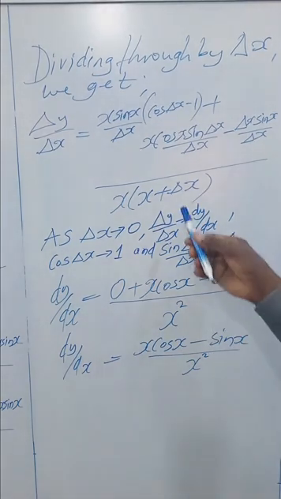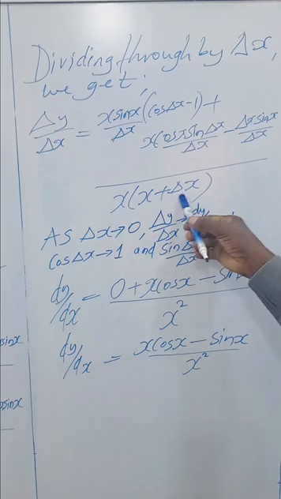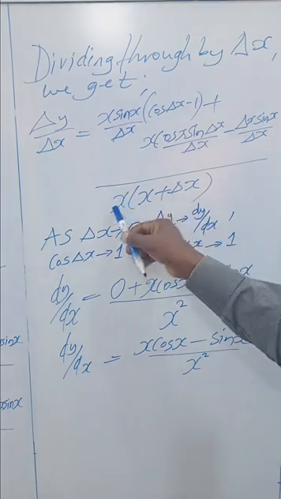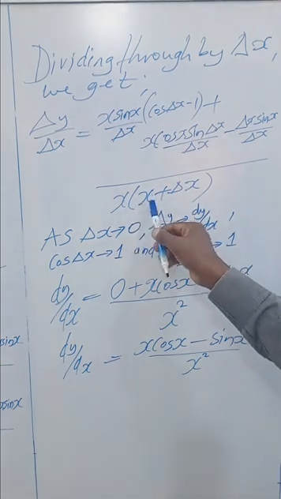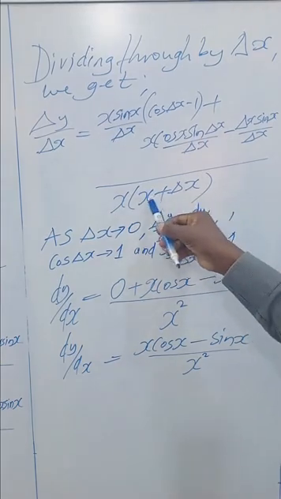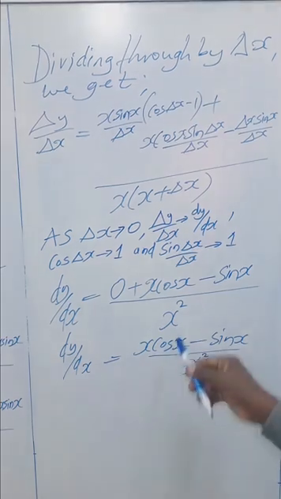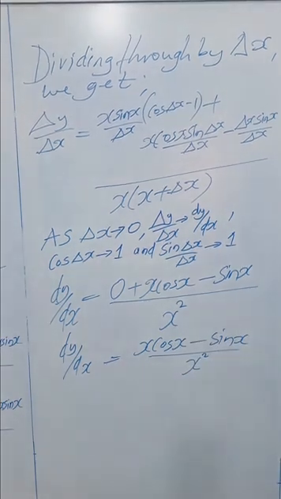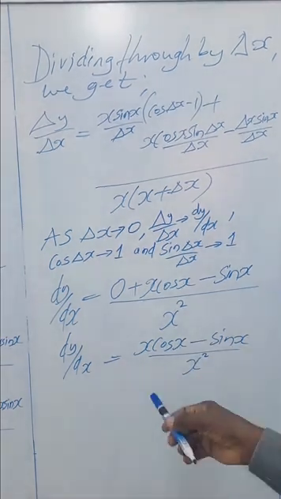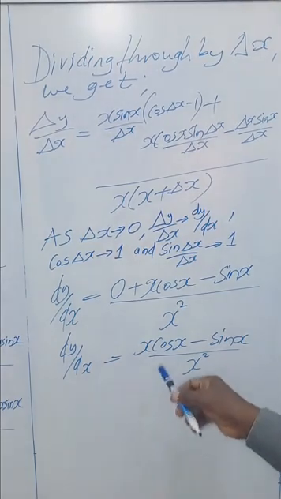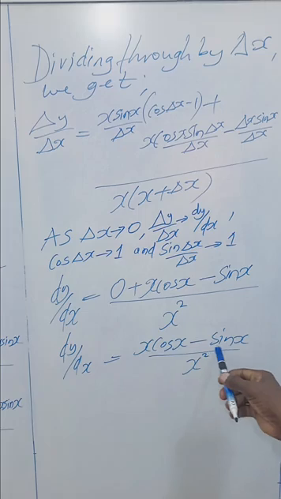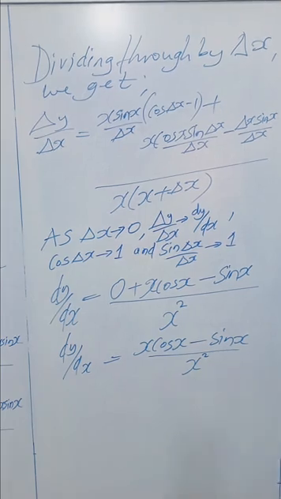Why x squared? Because delta x also approaches 0. So it's like we have x outside the bracket, and inside the bracket x plus 0, which gives you x, and x times x gives us x squared. So going further, you get x cos x minus sine x divided by x squared to be equal to our derivative.